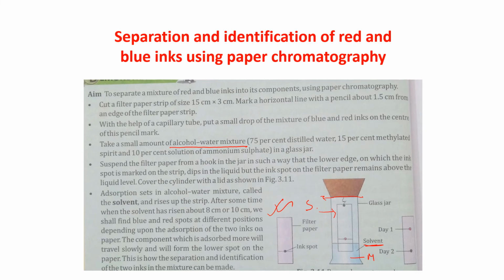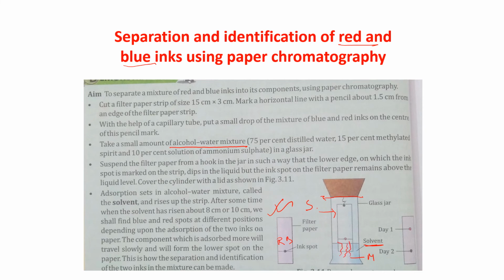Now as the ink drop is here, this ink drop contains two colors, I said red and blue. So red and blue, R and B, both are there. So the adsorption of red color and blue color in the filter paper will be different. Now the mobile phase will come here. The filter paper will soak the solvent and the solvent will start flowing from here.